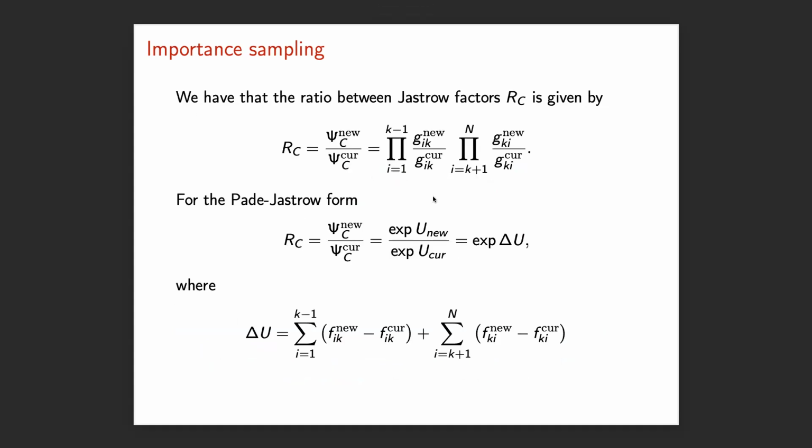So since you're using an exponential form, you have this new one and the old one, where this delta here is just the difference between the old one and the new one. So you don't evaluate two exponentials. You just take the difference between new and old, which means that you have these quantities here. If you're just moving one specific particle, there is only a specific contribution here which kicks in.